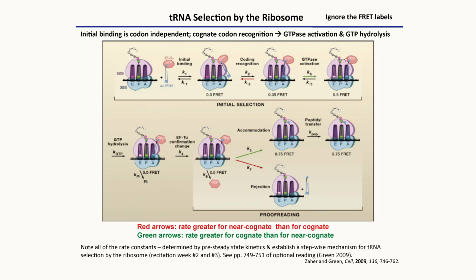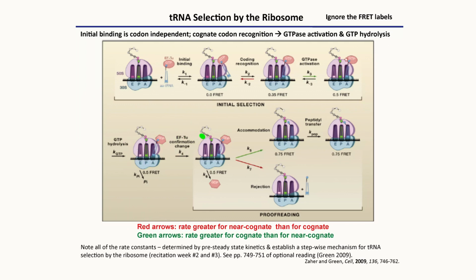So we're going to end up back here. With cognate recognition, next we have GTPase activation, again forward and reverse. Green indicates the rate is greater for a cognate match than near cognate. So if it's the correct anticodon, it's going to plow through to here. We have GTPase activation. And then what happens down here? We have a GTP hydrolysis step.